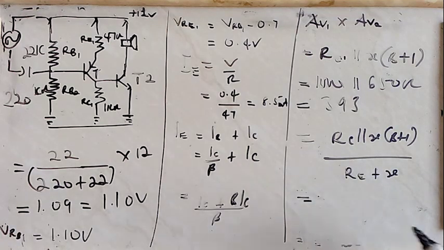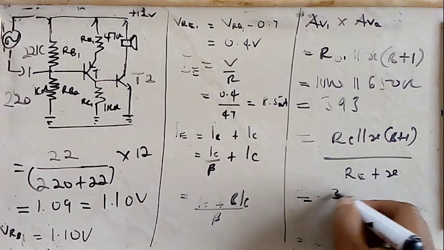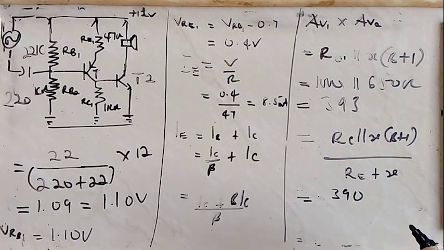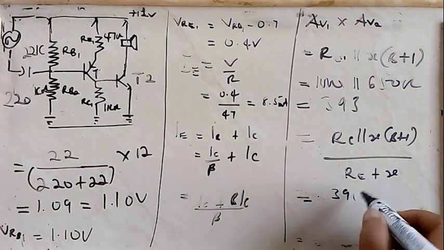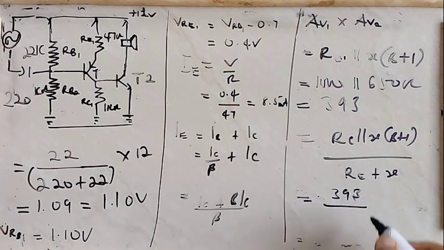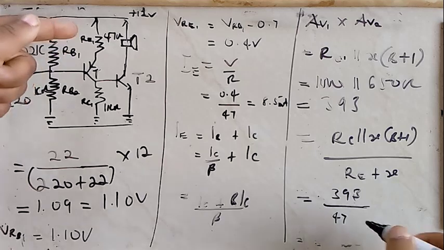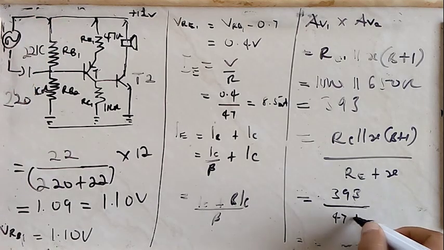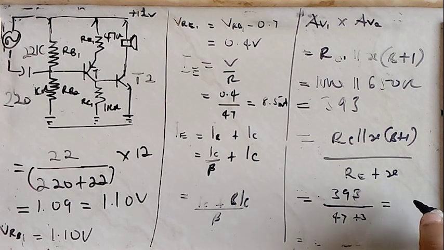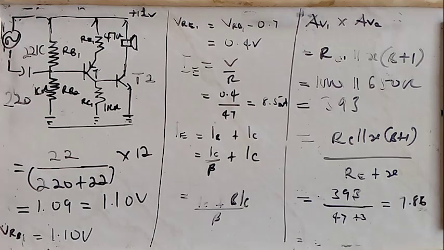You do the math, now you arrive at 393 divided by 47. The RE for the first stage of the amplifier was 3 ohms, gives us 50. And you do that, your voltage gain for the first stage is determined as 7.86. The voltage gain has no unit.